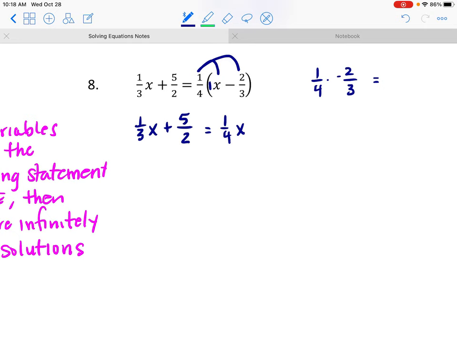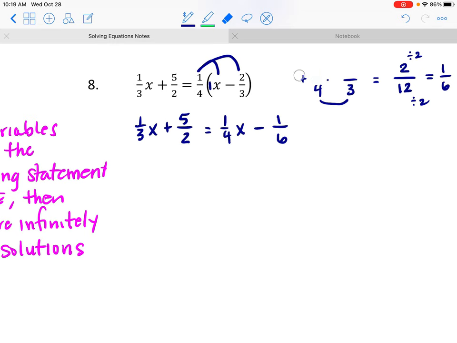Remember, when we multiply fractions, it's straight across the top. So it's going to be a positive times a negative, which makes it a negative. 1 times 2 is 2, and 4 times 3 is 12. And that reduces. I can divide both these by 2. 2 divided by 2 is 1, and 12 divided by 2 is going to be 6. So we're going to make this 1/6.